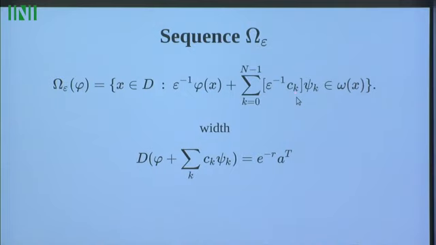And the point is that, well, we have to add some brackets here, and this bracket stands for the floor of epsilon minus 1 times ck. So this is an integer. And phi and the coefficients ck are computed by solving this equation.